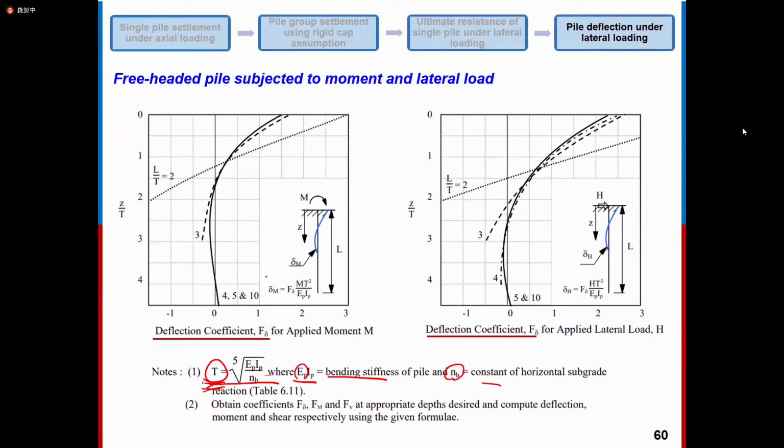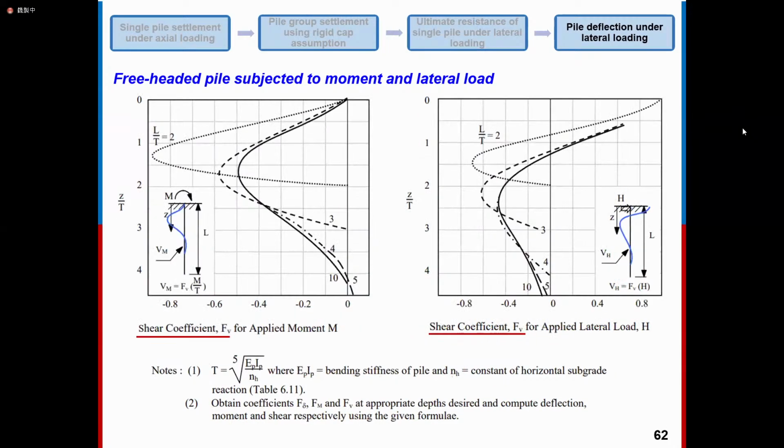The value we get from this chart is just for this F delta, because the remaining things we all know. With this F delta value, we can calculate delta H, which means the delta due to H, and the delta due to the moment.